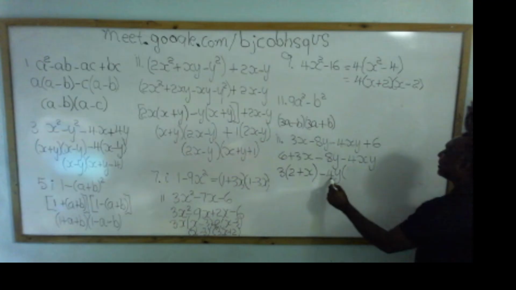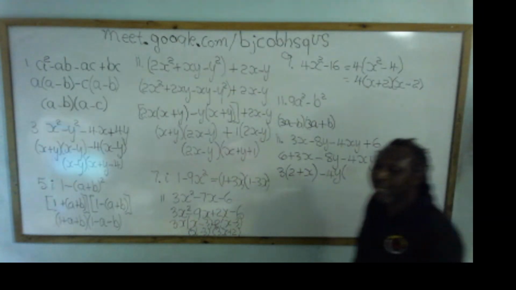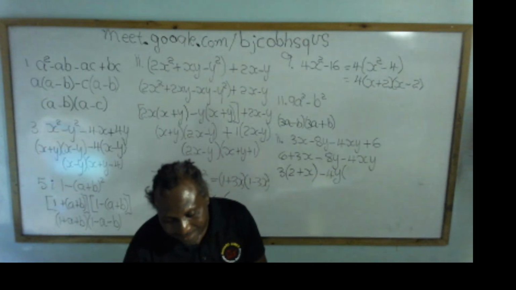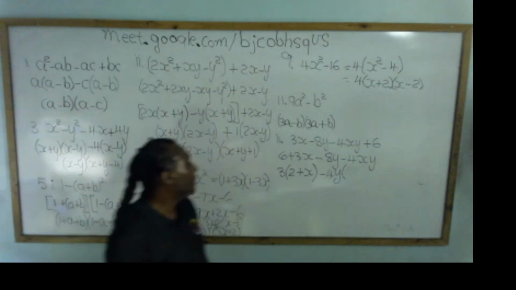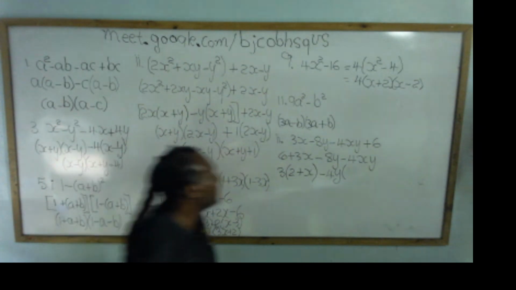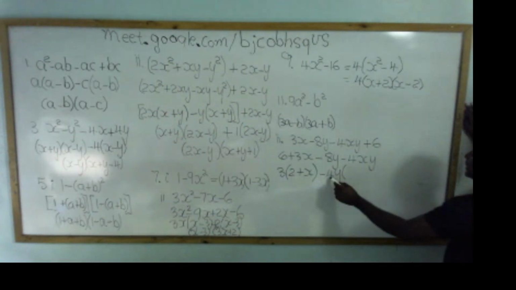The common factor is actually larger, a 4y. If we use 2y, we will not be using the highest common factor. So we use 4y.